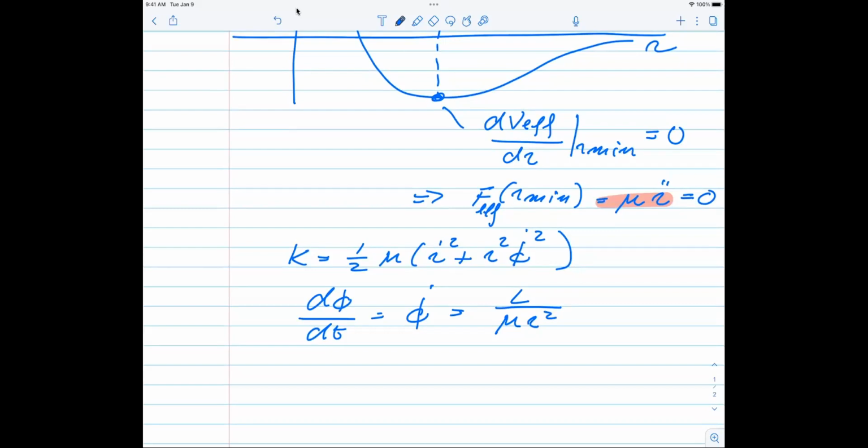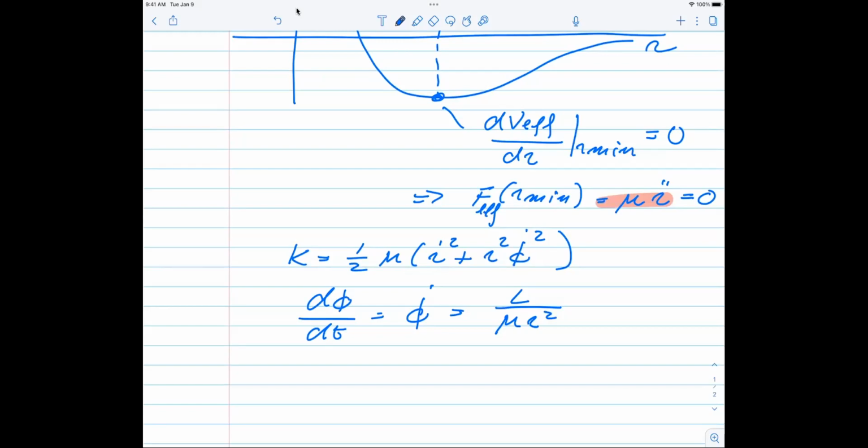So what we have is the radial acceleration, which is 0, at this minimum point. So what does that mean for this term here? It's a constant, okay? So here, at this point, we are looking at the kinetic energy calculated here.